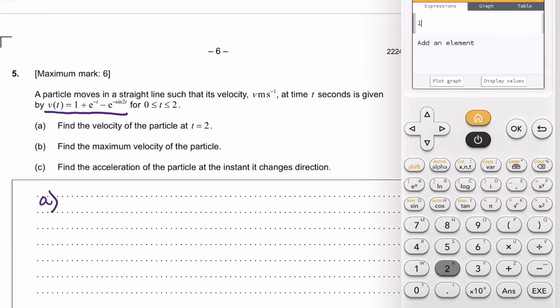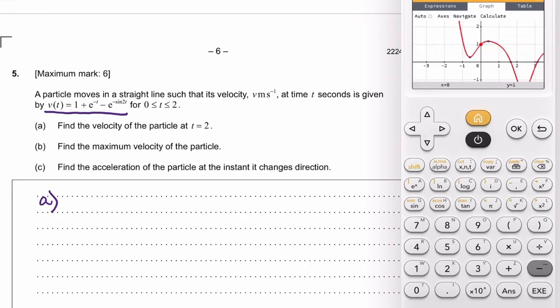So let's graph it. 1 plus e to the power of negative t, we'll put t as x, minus e to the power of negative sine 2t. Now here is where you should make sure your calculator is in radian, because the question is in radian.